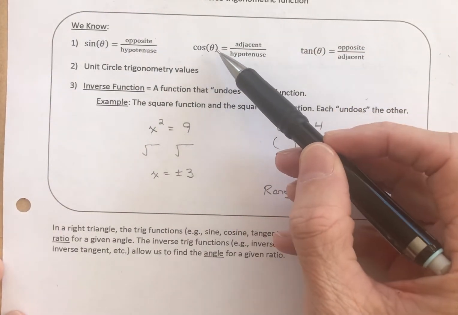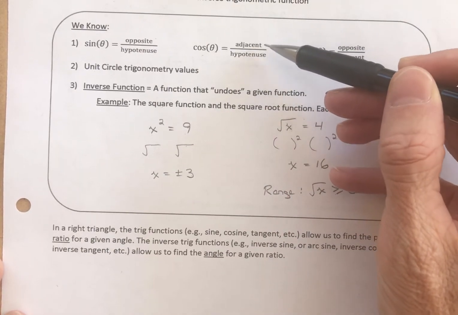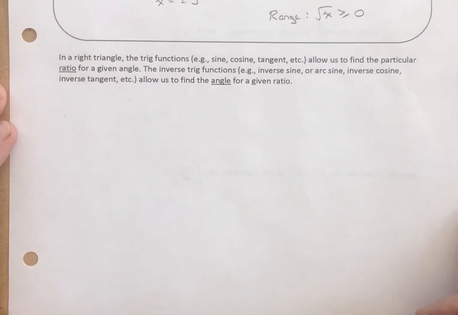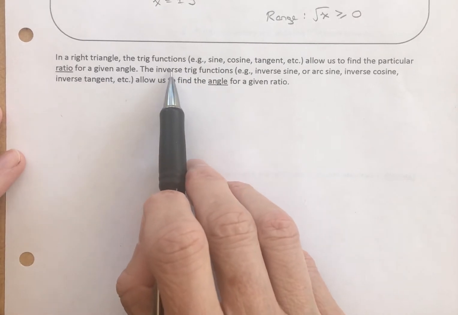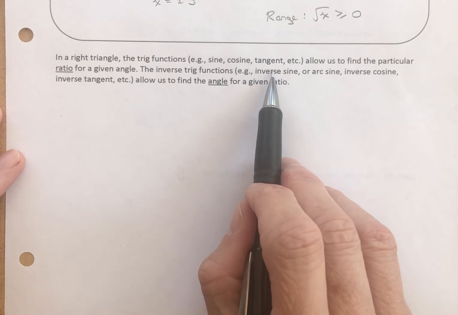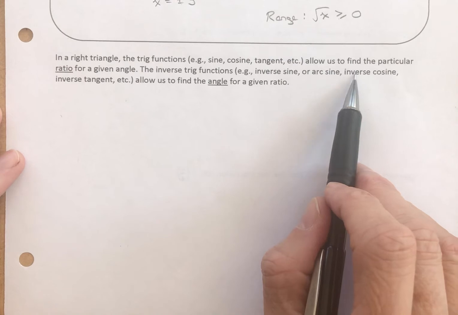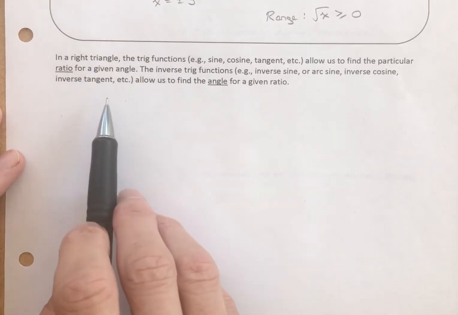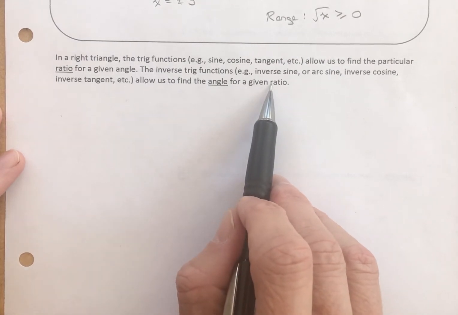The cosine of an angle is a ratio of adjacent over hypotenuse, and then tangent. So the trig functions allow us to find the ratios. The inverse trig functions, for example, inverse sine, sometimes called arc sine, inverse cosine, inverse tangent, etc., will do the opposite. It will allow us to find the angle for a given ratio.